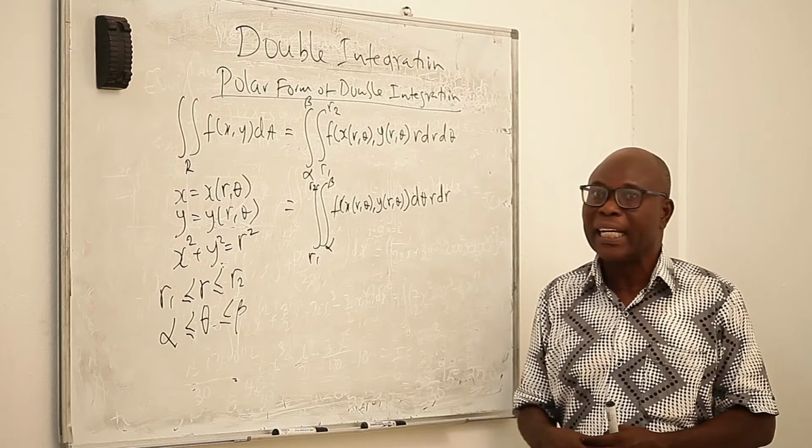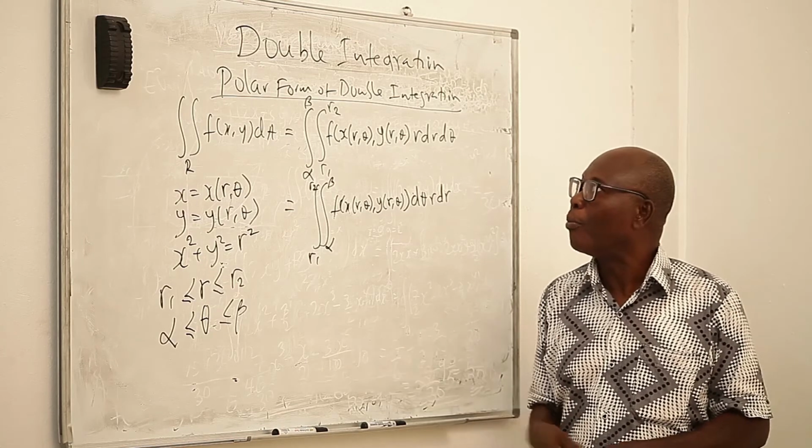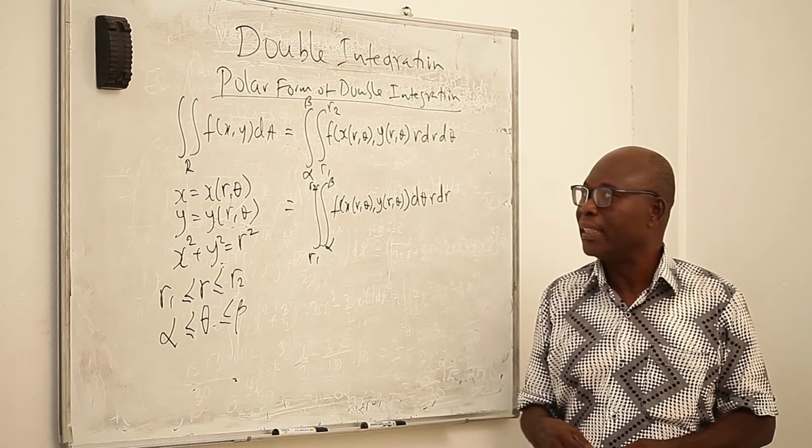We'll quickly take an example to illustrate how to find the polar form of a double integral.